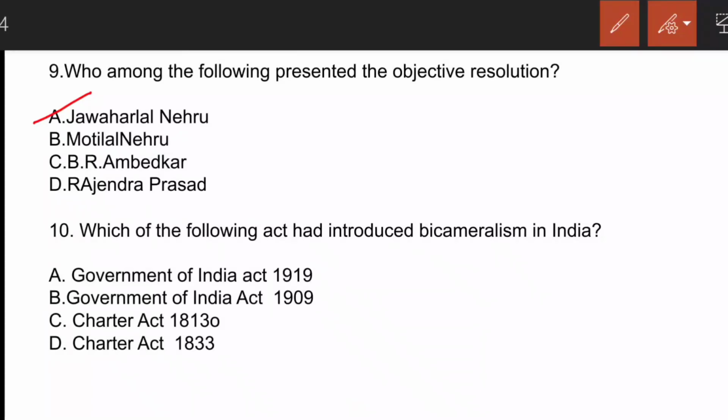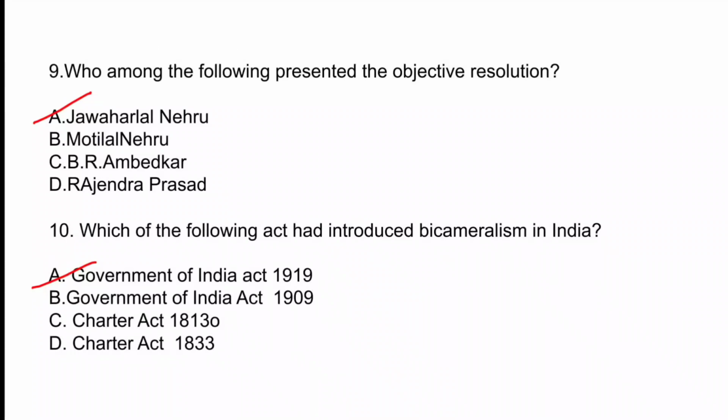The next question is, which of the following acts had introduced bicameralism in India? The correct answer here is option A, that is Government of India Act 1919. Bicameralism was introduced by the Montagu-Chelmsford reforms. The act also introduced direct election but with limited franchise. Moving on to the next slide.